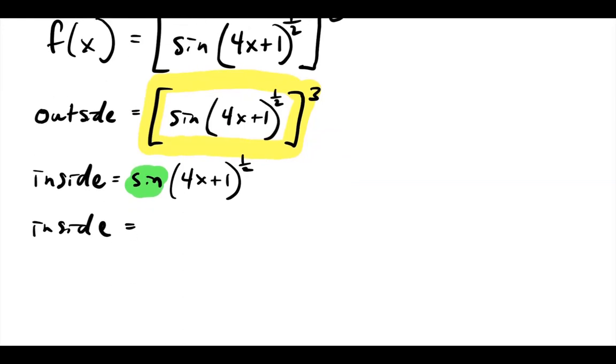What would a layer inside of this one look like? Close. 4x plus 1 to the 1/2 power. To the 1/2 power.